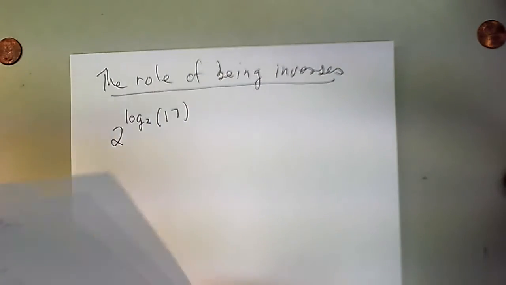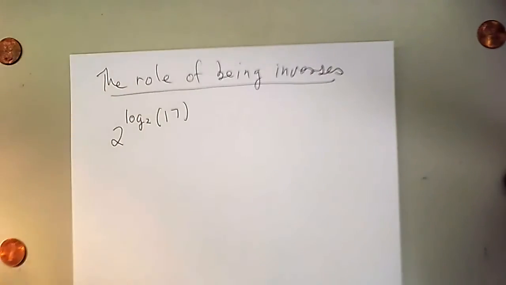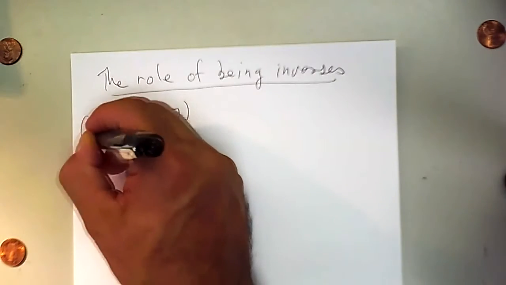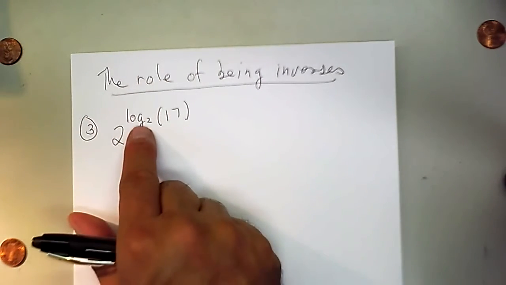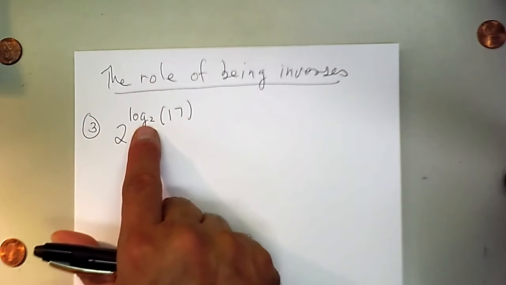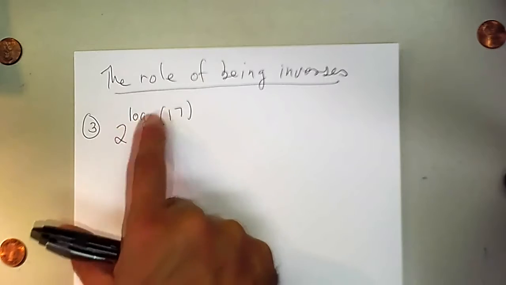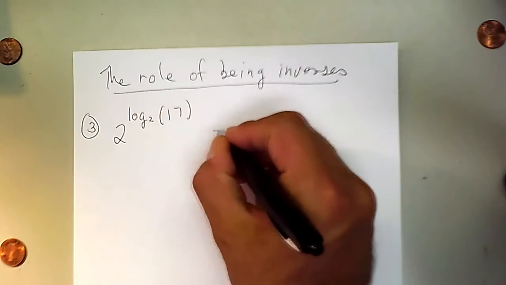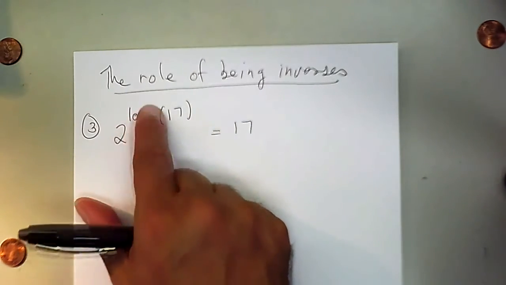Let's label it as example 3a. For just 3, we can just go down the numbers this way. So let's say we want to simplify this. Now, mind that the base of the logarithm matches the base of the exponential expression. So that's going to be 17 because they undo each other.